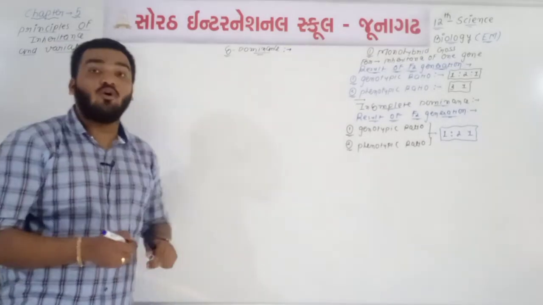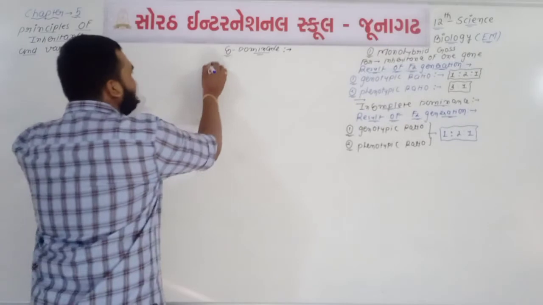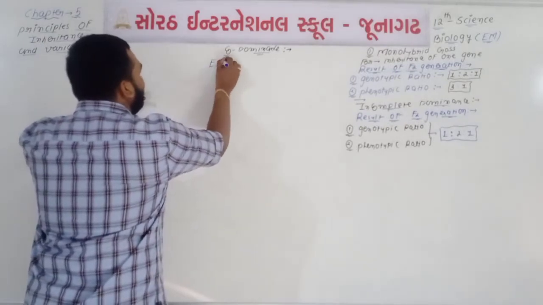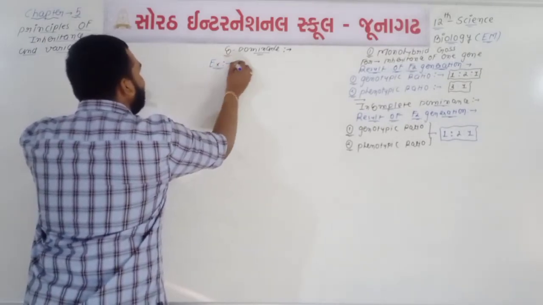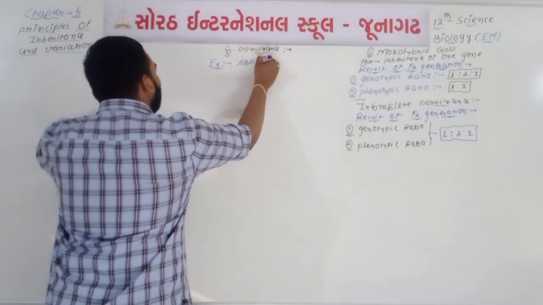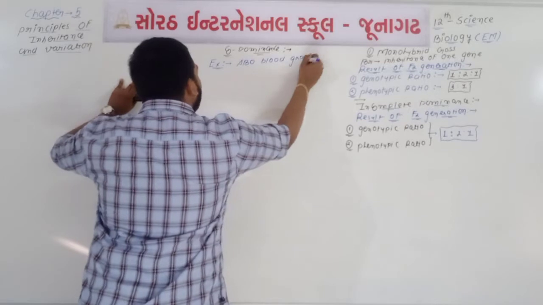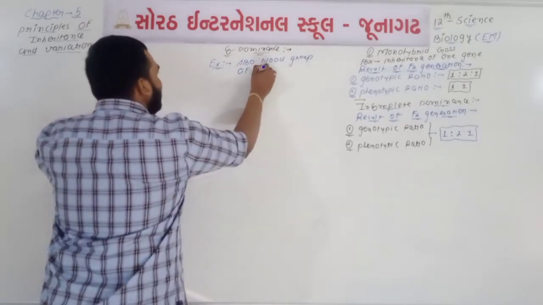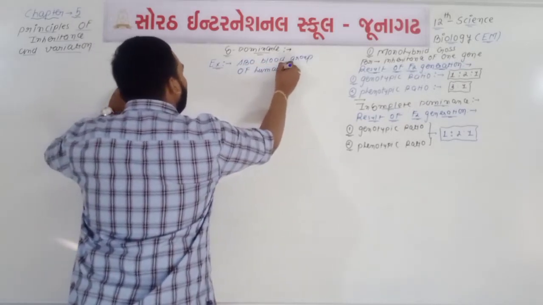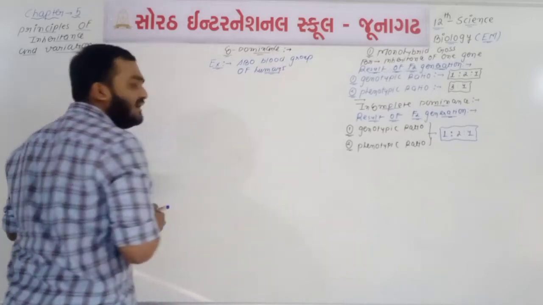And what is the best example for understanding codominance? You know, the ABO blood group found in humans is the best example of codominance.